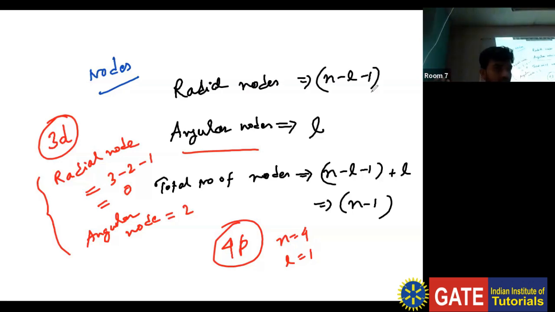I'm always here, no problem. So n is equal to 4, l is equal to 1. Can you calculate very easily? Radial nodes is 2, angular nodes is 1, and total nodes is 3. So you can do it anywhere.